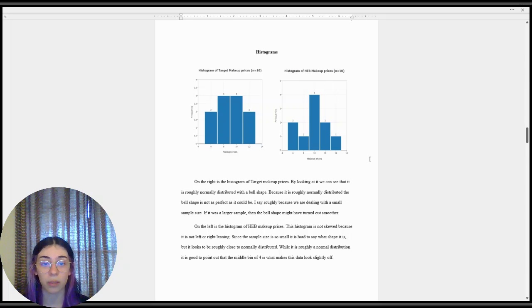H-E-B's also has a bell-shaped curve because it is normally distributed. However, it is a little more confusing to look at than Target's, and that is most likely due to the small sample size and the larger variation in prices as compared to Target. However, they do both uphold what the stem and leaf plots are showing, that they are normally distributed.